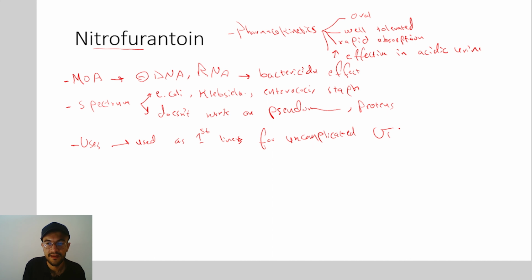Uncomplicated means there is no structural or functional abnormality in the urinary tract. Now let's talk about the adverse effects of nitrofurantoin.